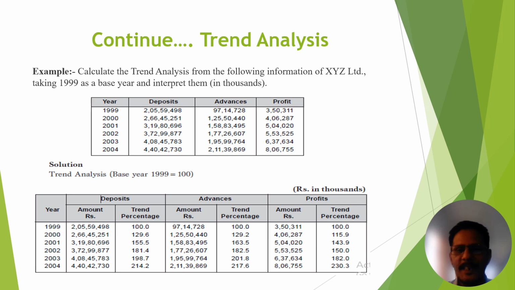Then you can check advances, the percentage is also increased. In the same way, you can check profit, the percentage is also increased. So our trend in these three situations is in an upward way, it is increasing. This is all about this lecture. Thank you.